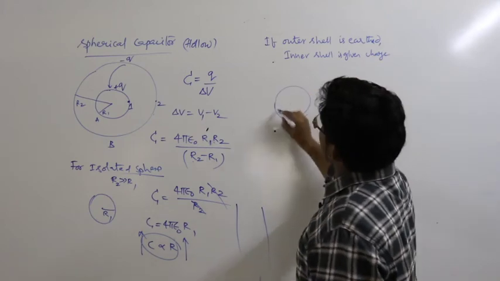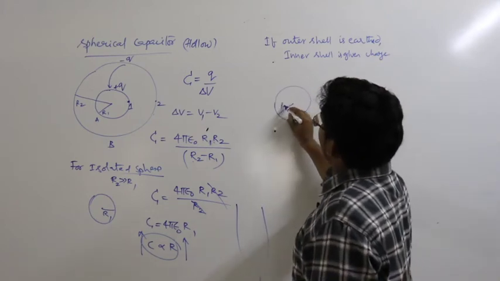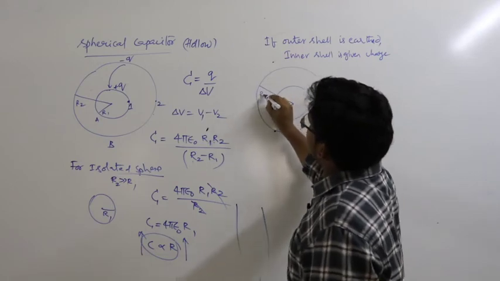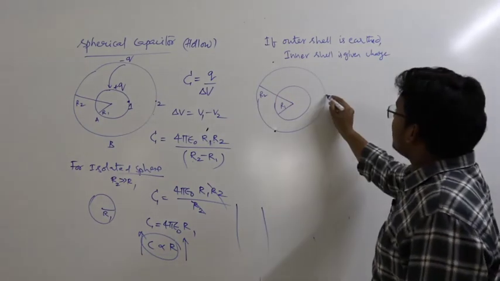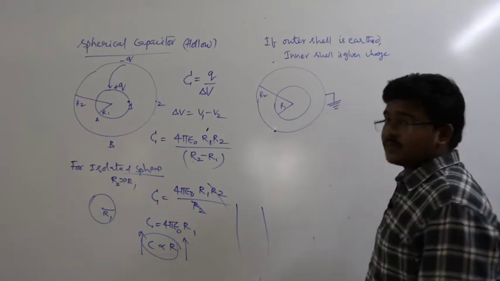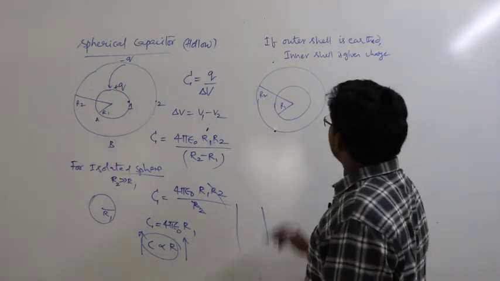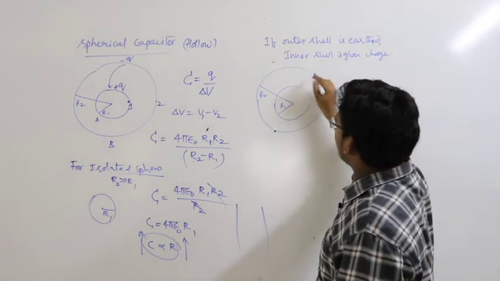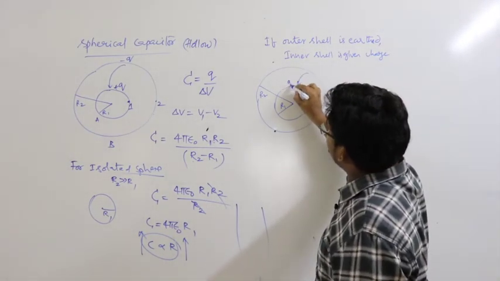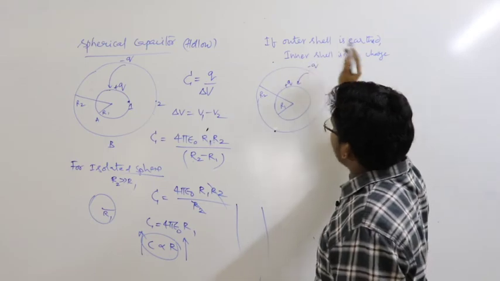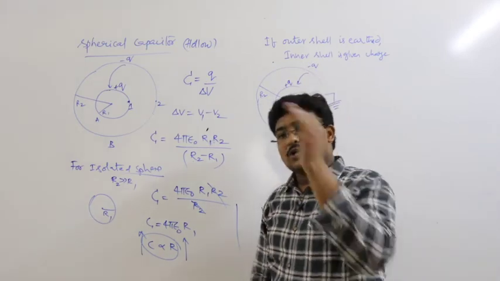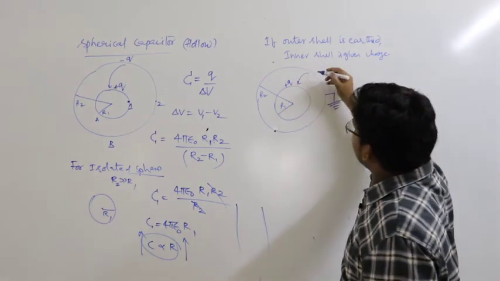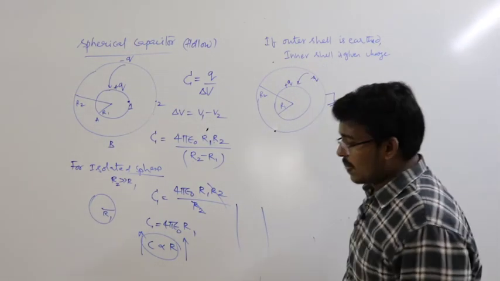So this is the inner shell of radius R1 and the outer of radius R2 was taken, and what I am saying is the outer one is earthed, whereas the inner one is given a charge. Who will give the charge? This plate only gives the charge, means this will be plus Q and this will be minus Q. If some charge Q is given, automatically this will be minus Q. So I can say that this surface is minus Q.